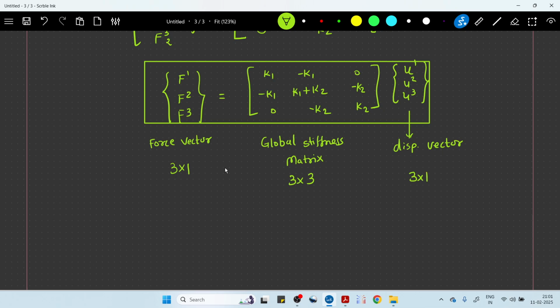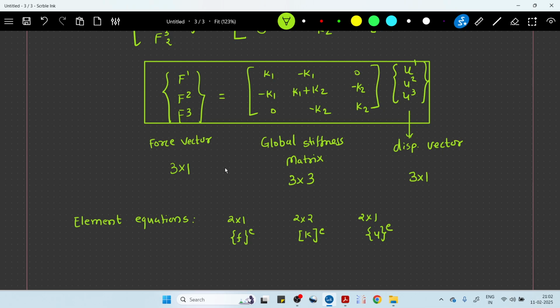So as we said, for element equations we have seen, for a 1D element it was 2 by 1, 2 by 2 and 2 by 1, right? The force vector, the element stiffness matrix and the displacement vector.